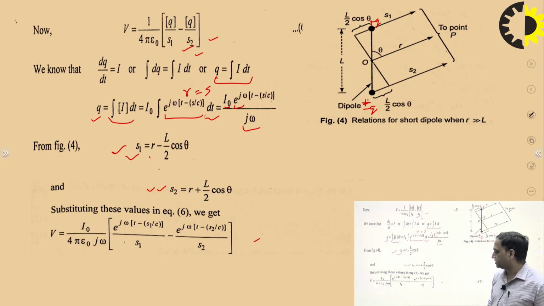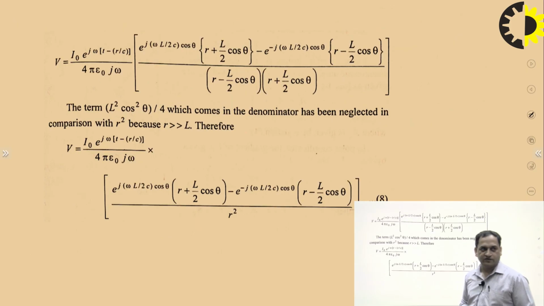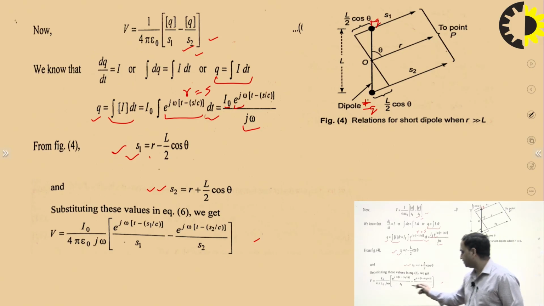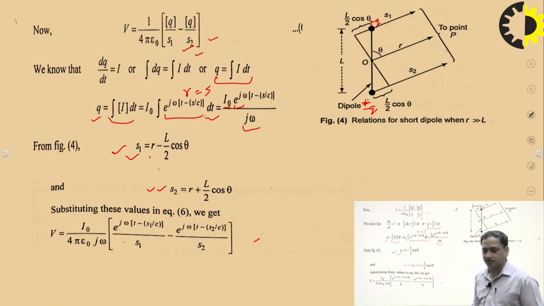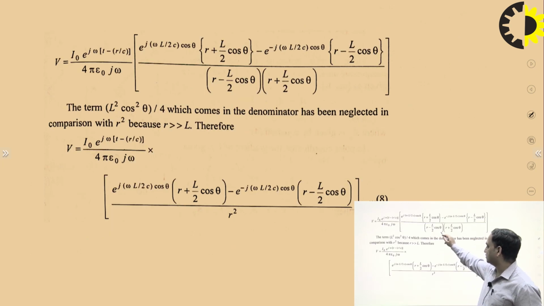Now we will put the values of S1 and S2 into this equation, and we take this as the denominator, combining and solving it. So R minus L by 2 cos theta and R plus L by 2 cos theta.